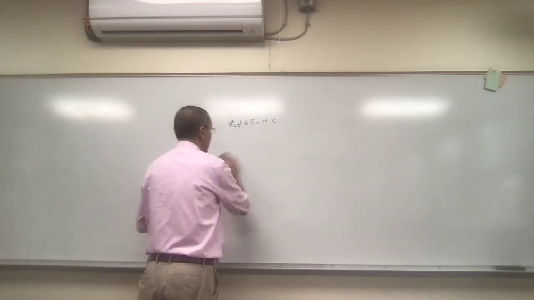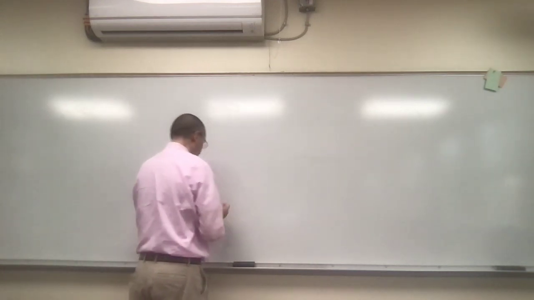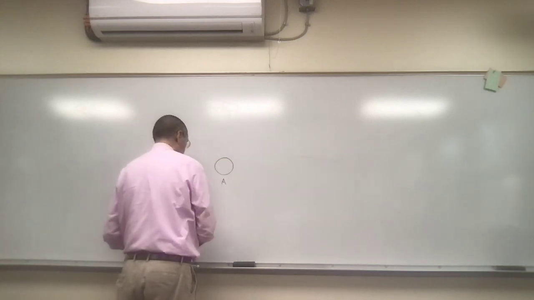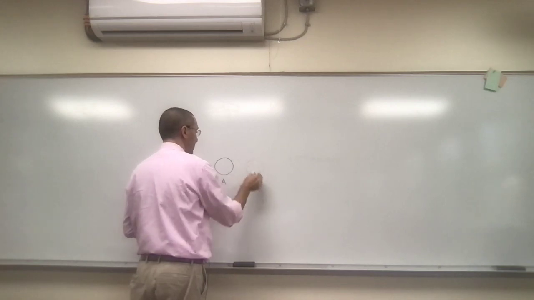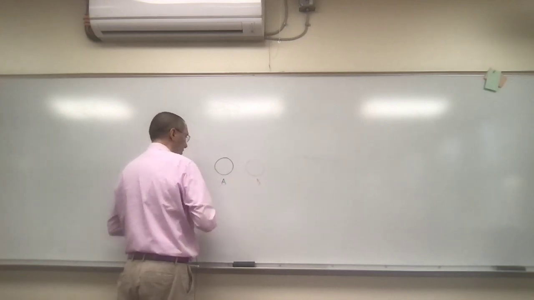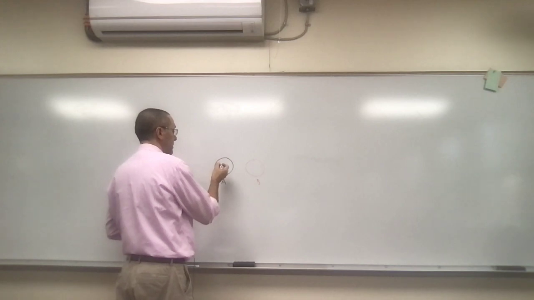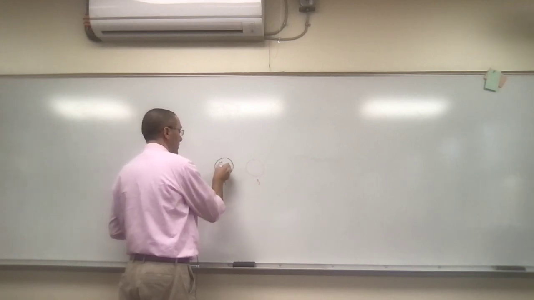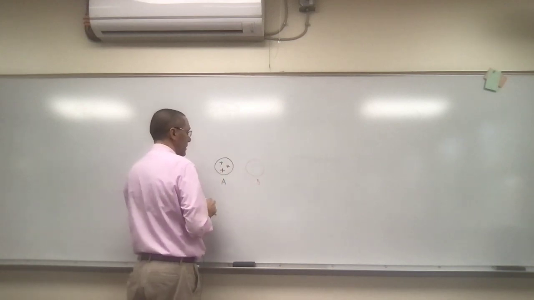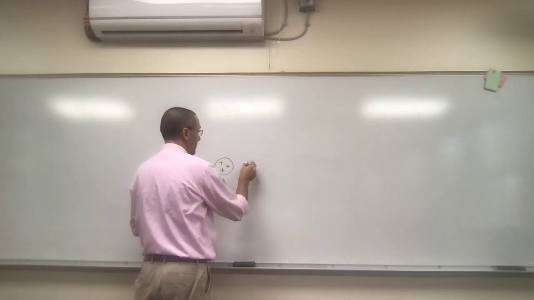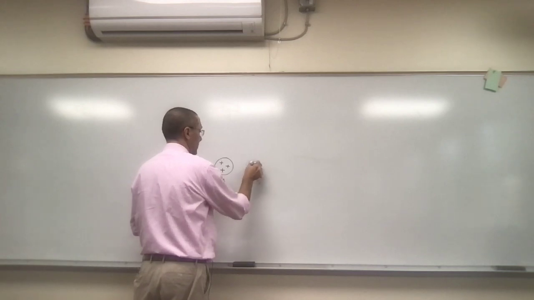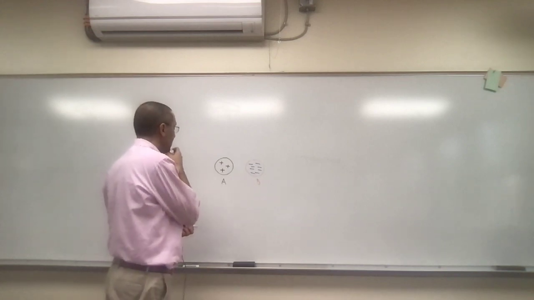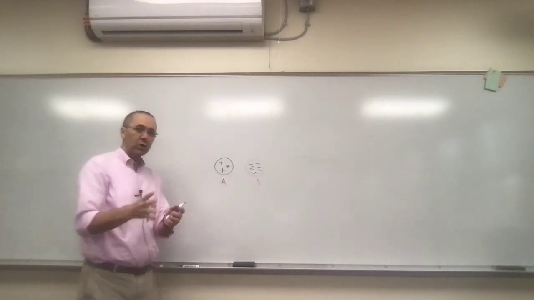Now let's look at another example where maybe I take an object, let's call it A, and I'll take an object, let's call it B. And the net charge on here is, let's say, an excess of 3 protons, and this one has an excess of maybe 8 electrons. So what I'm showing you here is just the net charge.